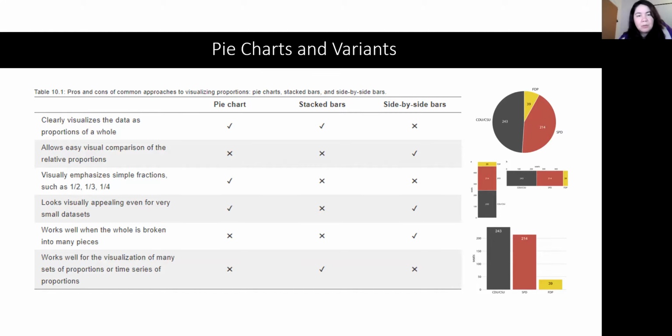But all of them show that the yellow piece right there is really, really small. But then you can see that for the pie chart and the stacked, it's easier to see that the black group is larger than the red group, and so on and so forth. So you can see where some of them can be advantageous and some of them are not.